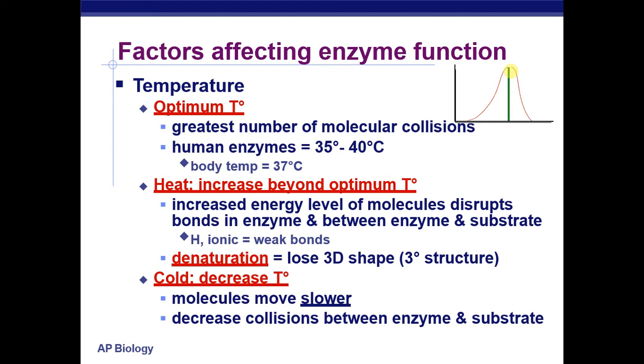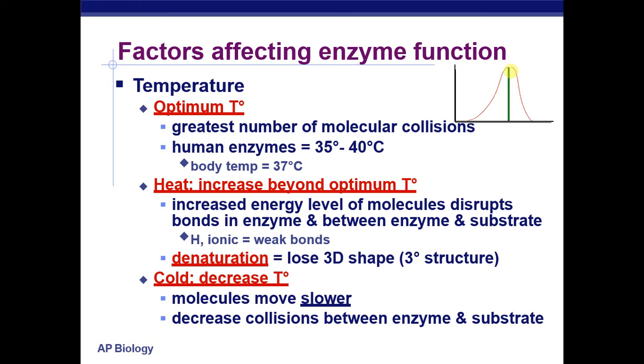If you increase heat beyond the optimal temperature, because we remember from the molecular theory that if you're increasing the temperature, you're allowing those molecules to move faster. And if they move faster, wouldn't there be more collisions? Yes, but increasing the temperature past the optimal temperature will start to, and here's that word again from biochemistry, denature the enzymes.